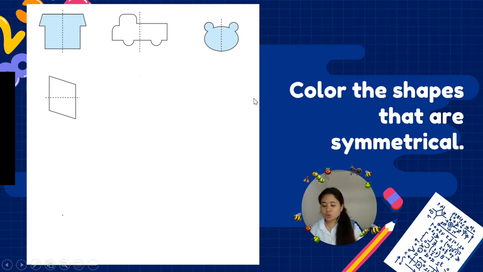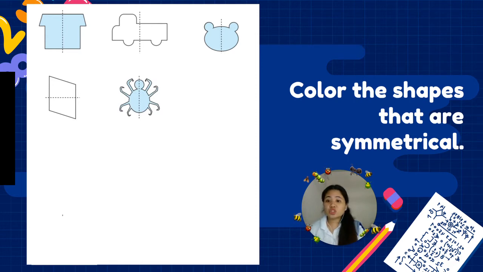Next, what's that? A spider. Will you color the spider or not? Yes, you should color. Why? It has four legs on one side and four on the other side, then the body, then the head. So it is the same. It is a symmetrical shape. That's why you color. Good job.